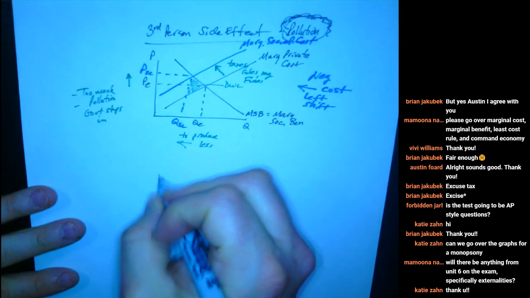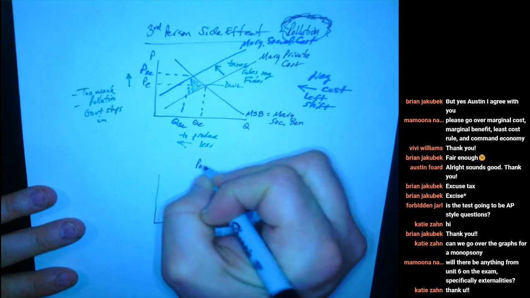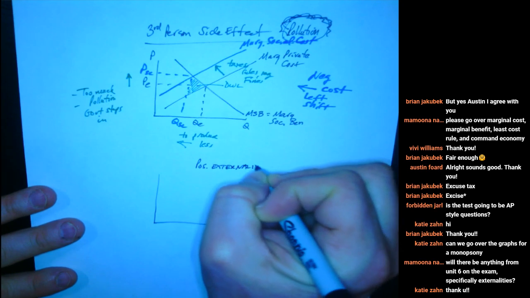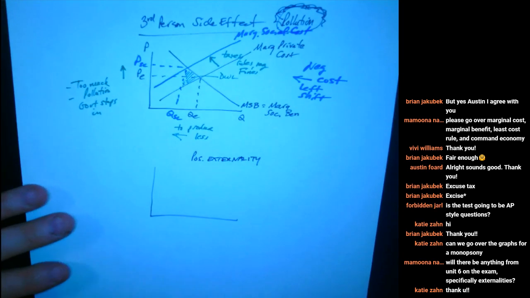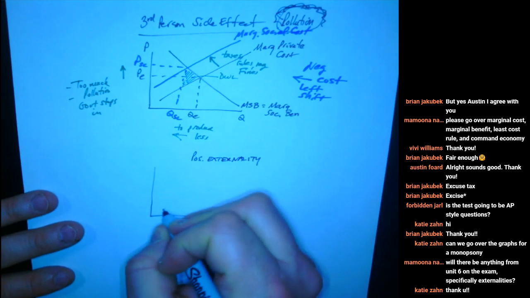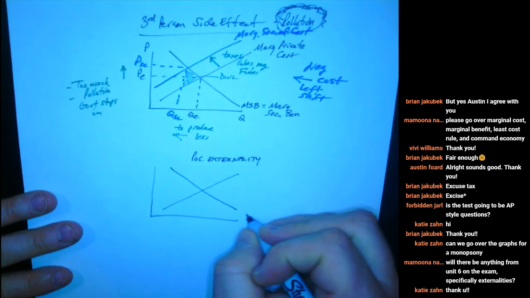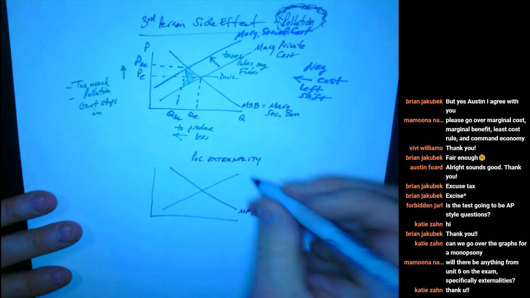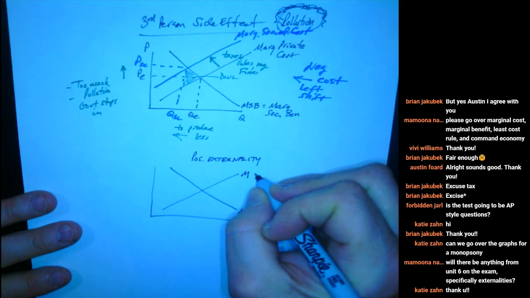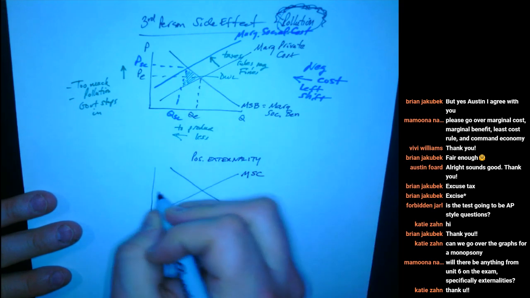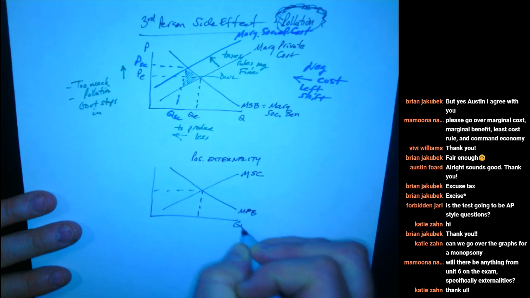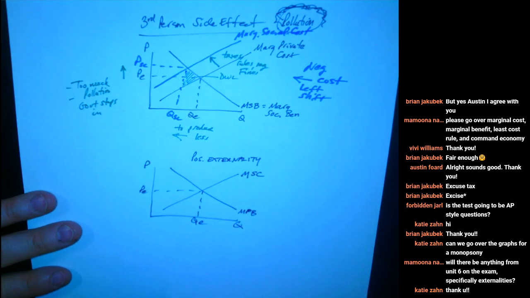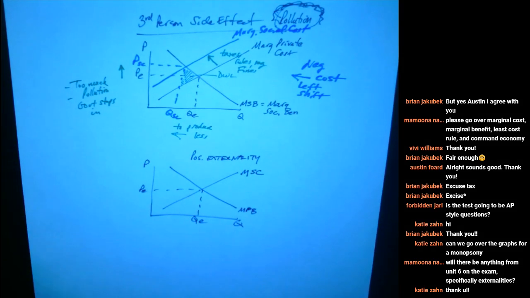Let's do a positive externality. Okay. So what happens here, now we have marginal private benefit, marginal social cost, quantity, there's equilibrium, okay? Let's think, what's a positive externality?